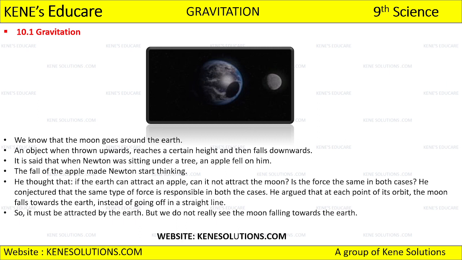But we do not really see the moon falling towards the earth. We all observe the moon, it's very fascinating observing the moon in the sky, but do you think that the moon falls towards the earth? We have never imagined that the moon is falling towards the earth, because that doesn't happen.